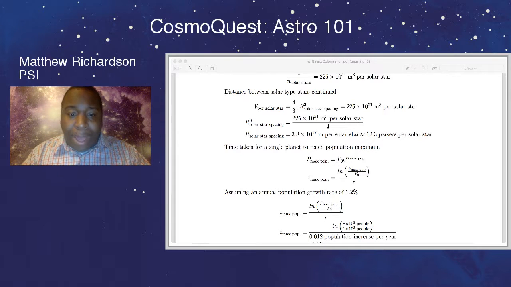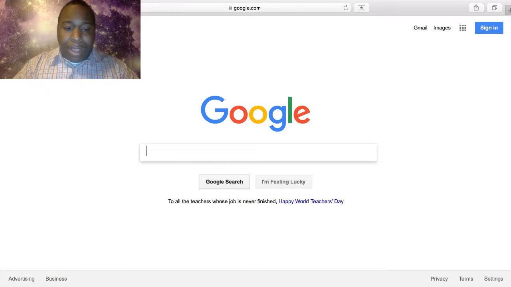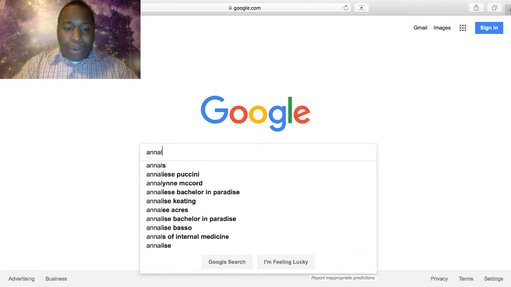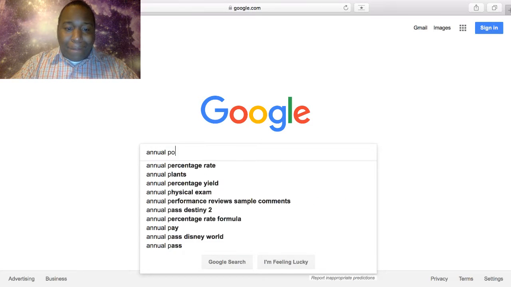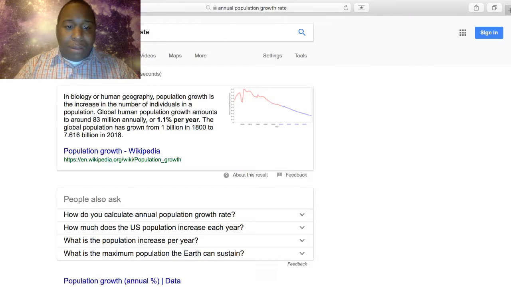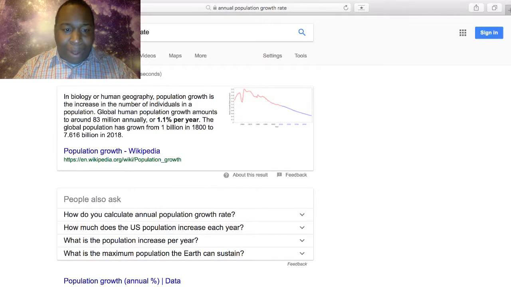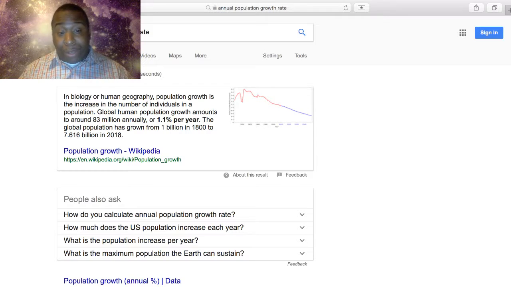So I went online, and you guys can do it as well, and I quite literally just typed in annual population growth rate. This one says roughly around 1.1%, but one of the other results that I ran across is roughly around 1.2%.